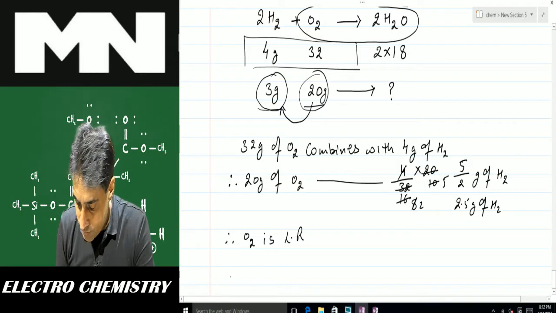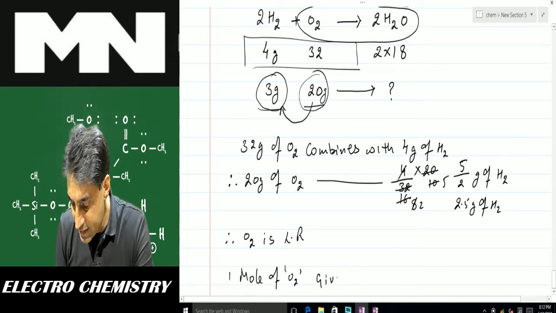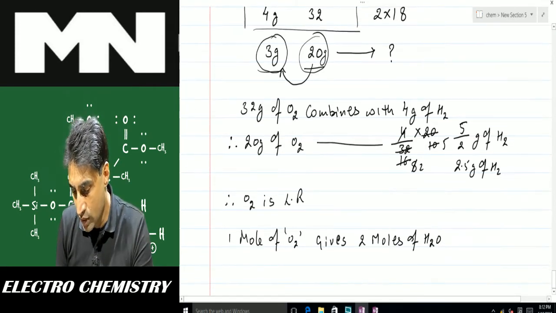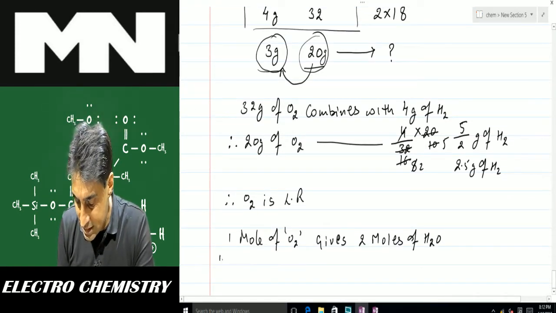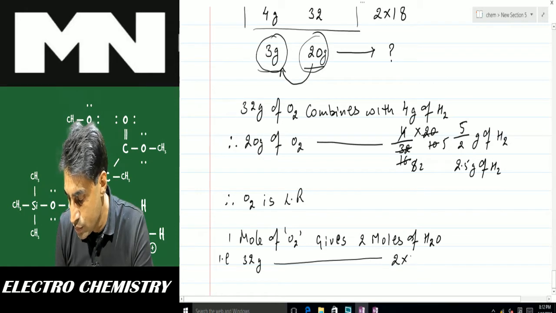I can write 1 mole of O2 gives 2 moles of H2O, or I can say that 32 grams of oxygen gives me 2 into 18 grams of water.